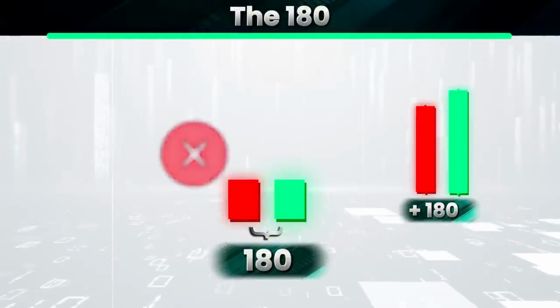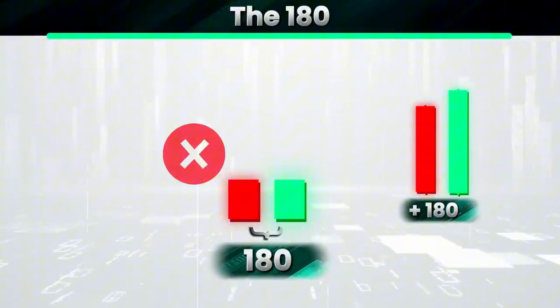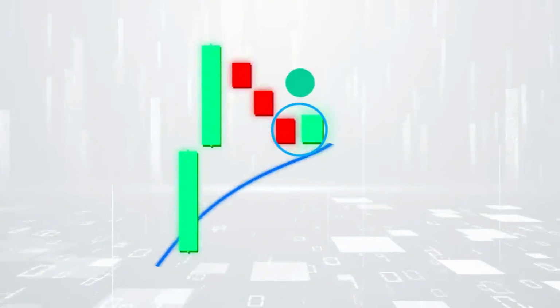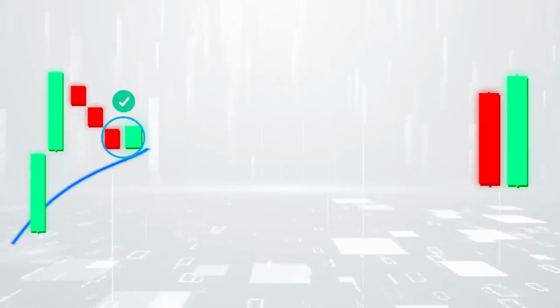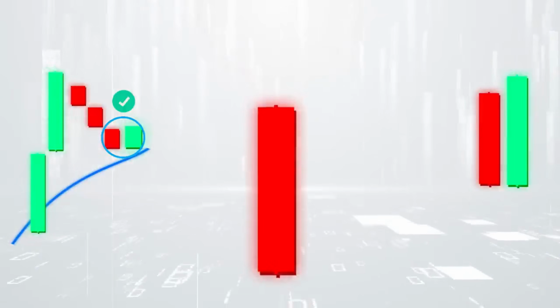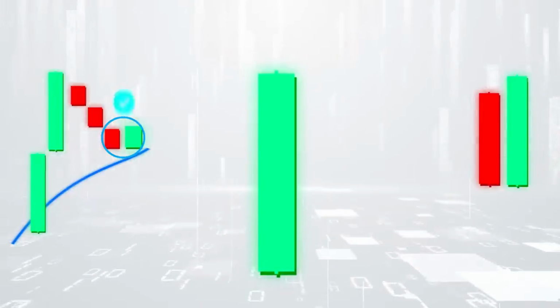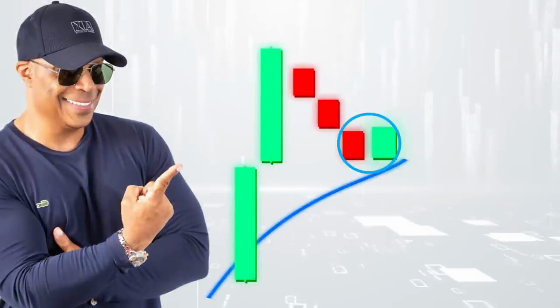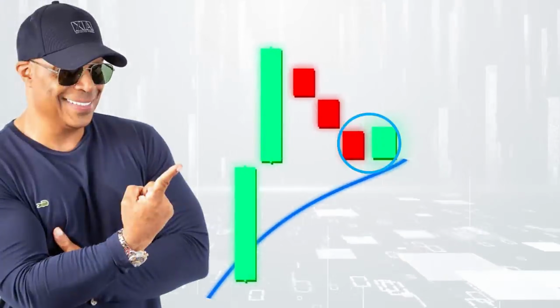What makes the 180 powerful is that something significant got overcome. Now, this is cool too in the right location, but this is far more significant because the bulls demonstrated their ability to neutralize something powerful. Here, you're neutralizing something small. It's not as impressive.